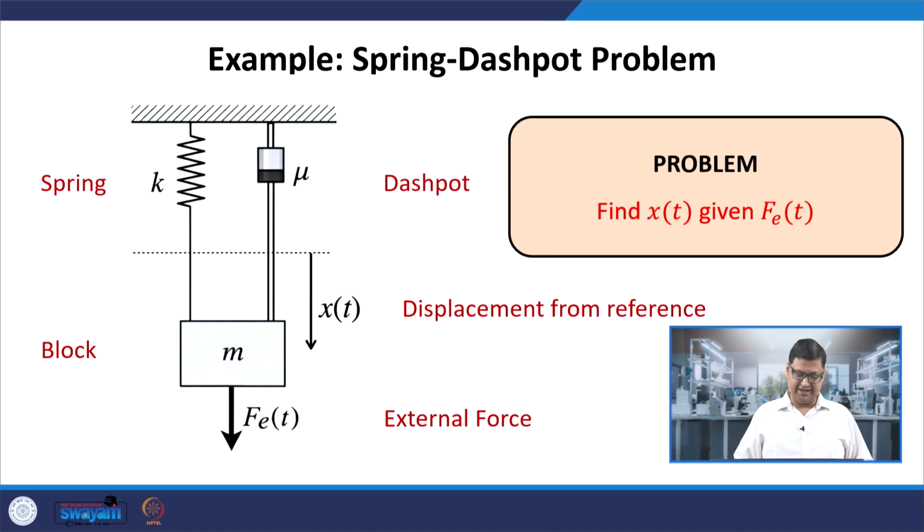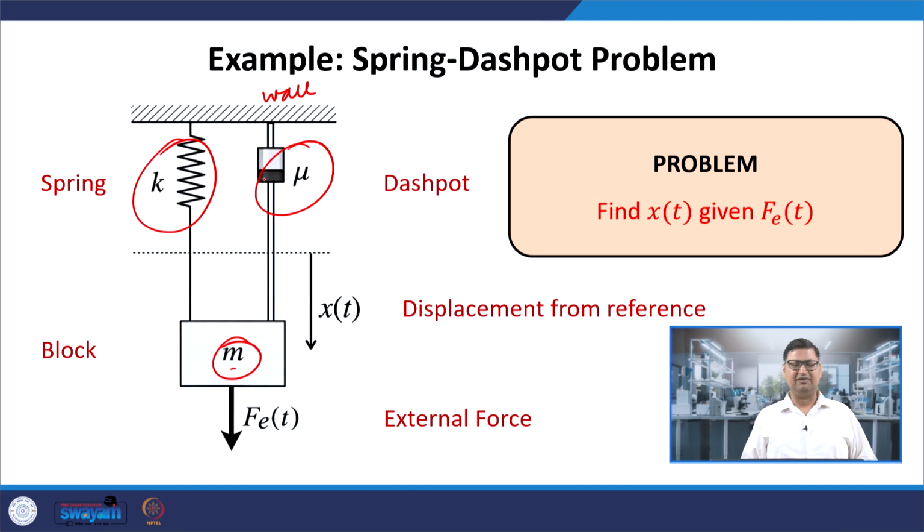So, what is happening here is there is a block of mass m that you see here. This block is hanging on the wall, supported by a spring of stiffness constant K and a dashpot. If you have never heard of dashpot, think of it as a bucket containing a viscous liquid, right.